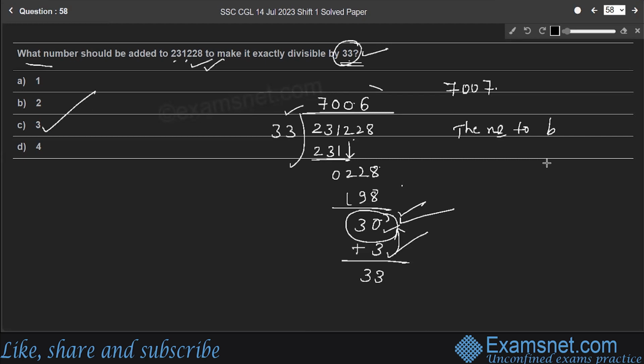If 3 is added, the number becomes 231,231, right? So when it is divided by 33, the quotient becomes 7007. Therefore, option C is the right answer.